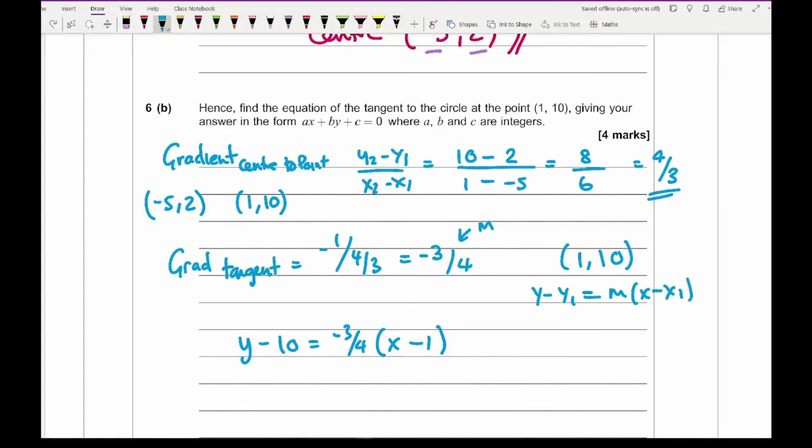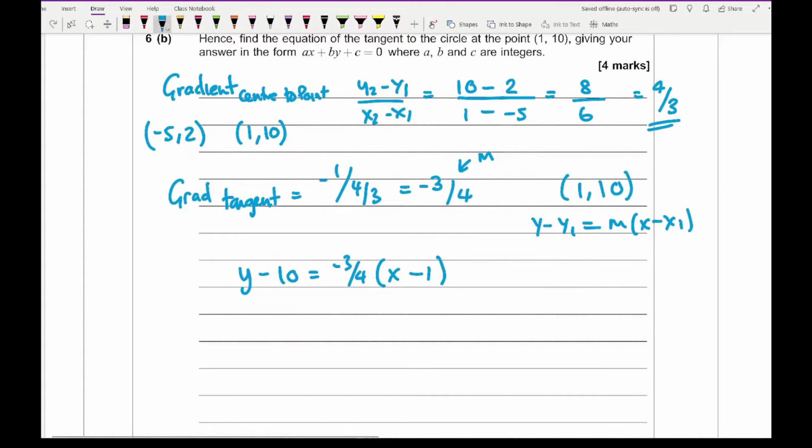Let's take the denominator over, and I end up with 4y minus 40 equals minus 3x plus 3. Then joining everything onto one side, I get 4y plus 3x minus 43 equals 0.